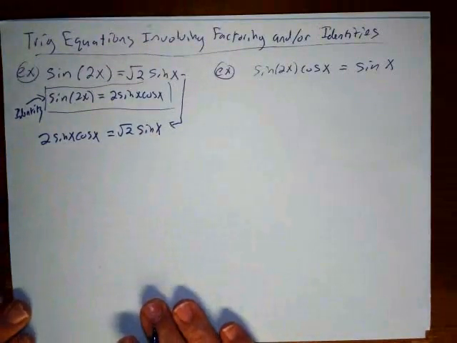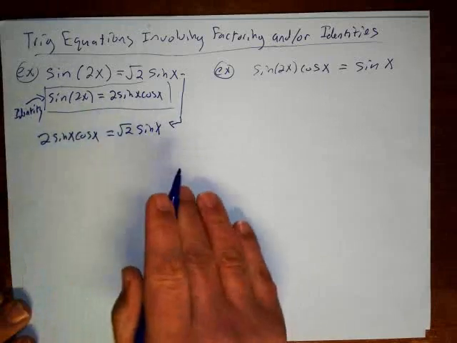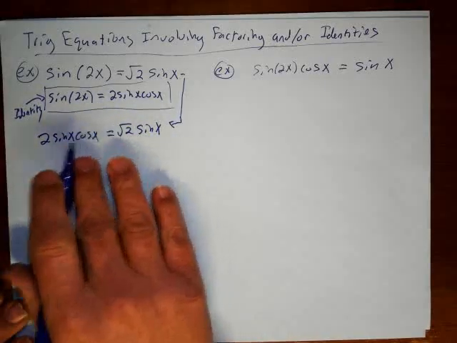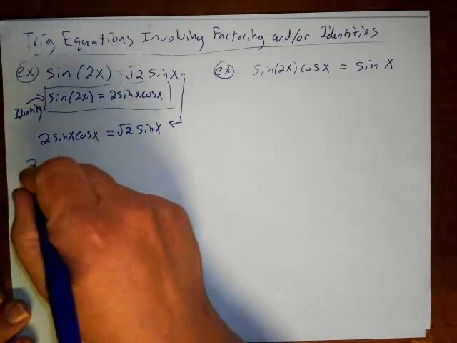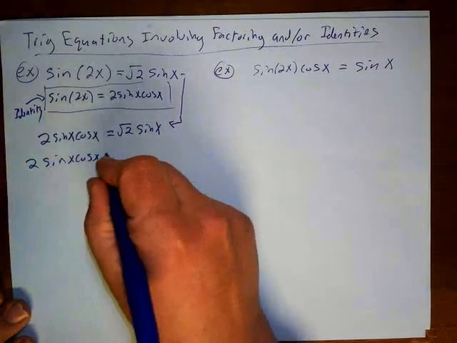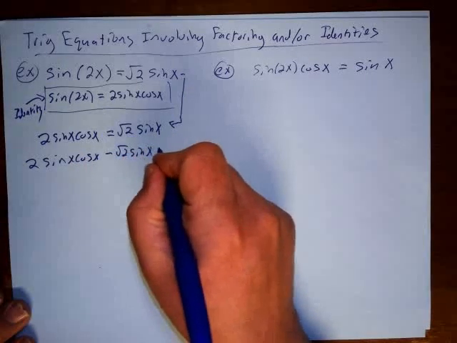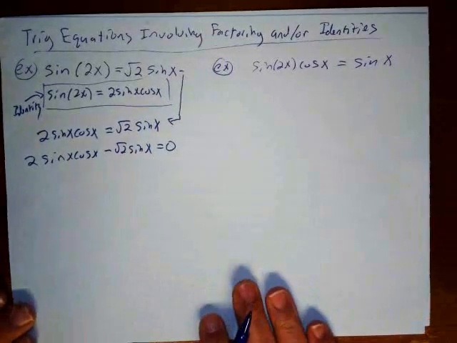And now I can use factoring. So I use the double angle identity, and now I can bring this over and factor out the sine. So I'm going to bring that over, set it equal to 0.